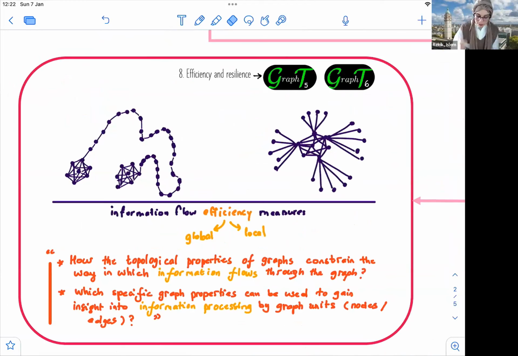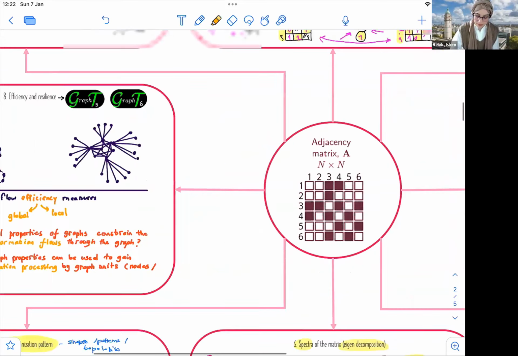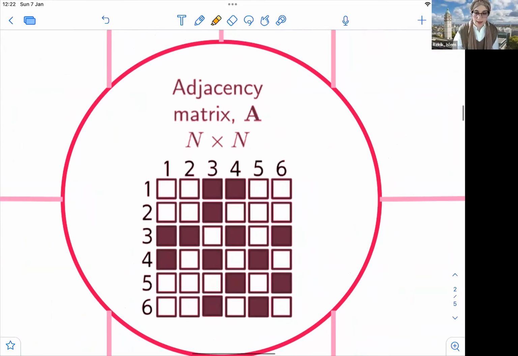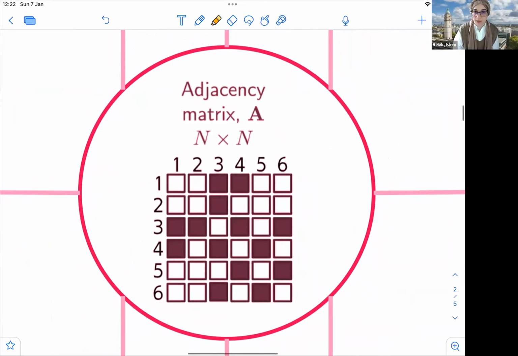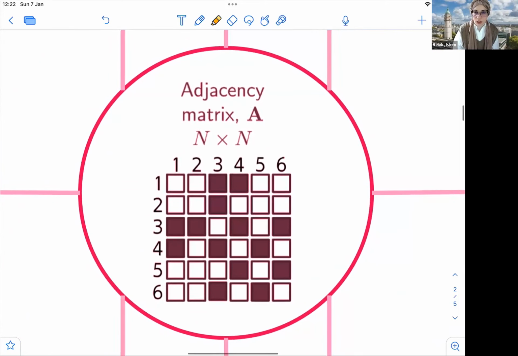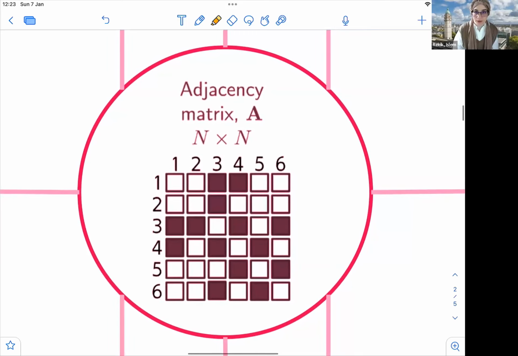As I mentioned earlier, we covered different types of graphs and organizational patterns, topologies. So we can look at the matrix and identify and measure the efficiency and the resilience of this matrix to attacks. So in a matrix, you can attack a node, you can attack an edge.